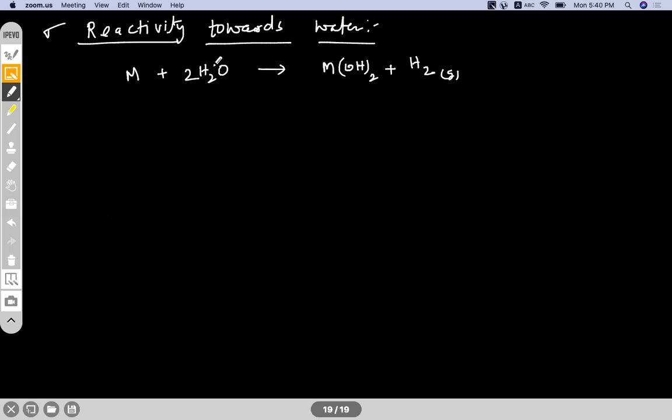Exothermic. High amount of energy is released. Correct. Same thing we have here also, but the amount of energy released is lesser than that of group 1 elements. Write on this point.